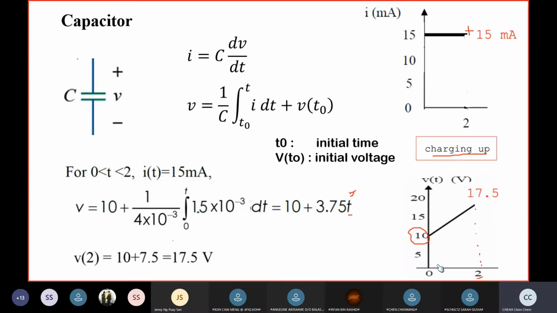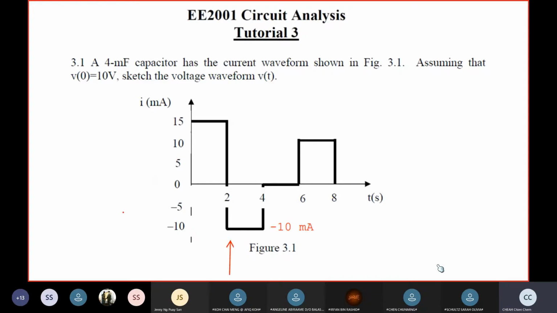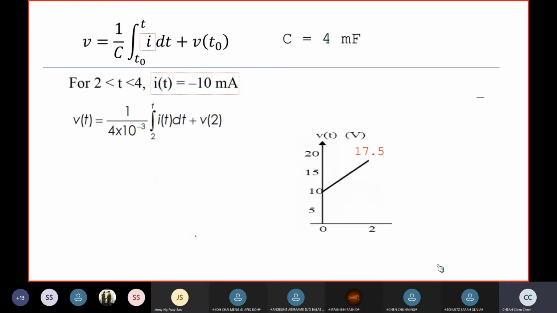Now, next point is to note that my current suddenly switched from a positive 15 to negative 10. Even though the current has suddenly switched from one value to another, always remember that your voltage across a capacitor cannot change suddenly.